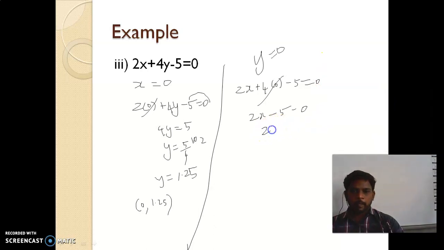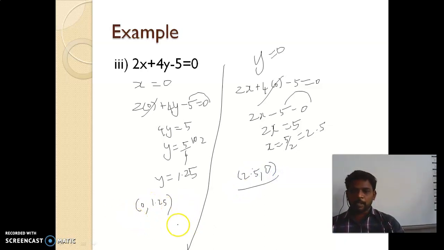So 2x equal to, this minus 5 when we transpose to the right-hand side becomes plus 5. Therefore x equal to 5 by 2, which means 2.5. That is the value of x. Now what is the point here? x value 2.5, y value 0. So this is another solution.